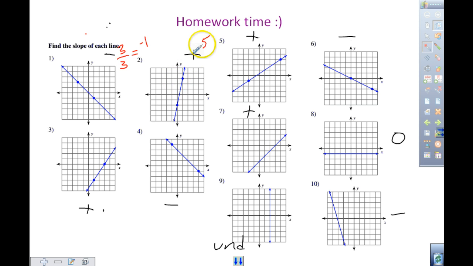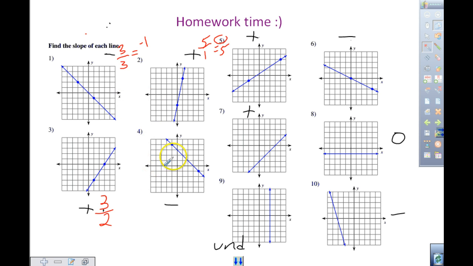Up 5, right, run is 1. Equals 5. Same thing here. Number 3. Up 1, 2, 3, rise. Over, run, 1, 2. Positive 3 over 2. Don't have to worry about signs. I already put it there to begin with.